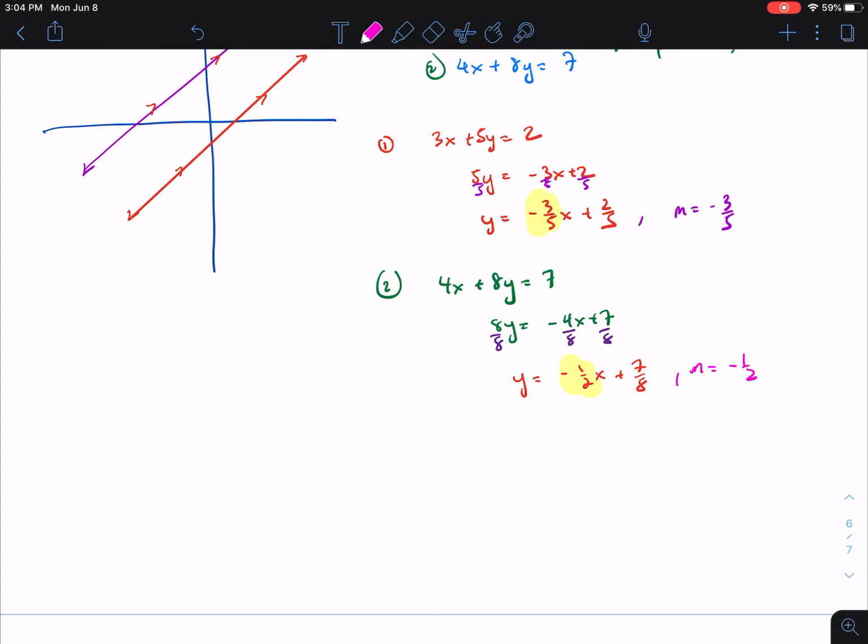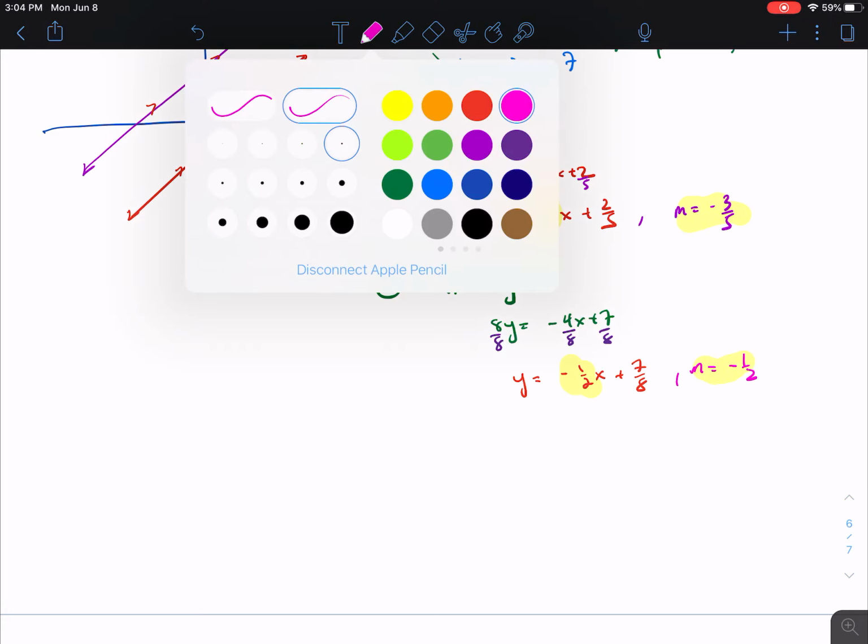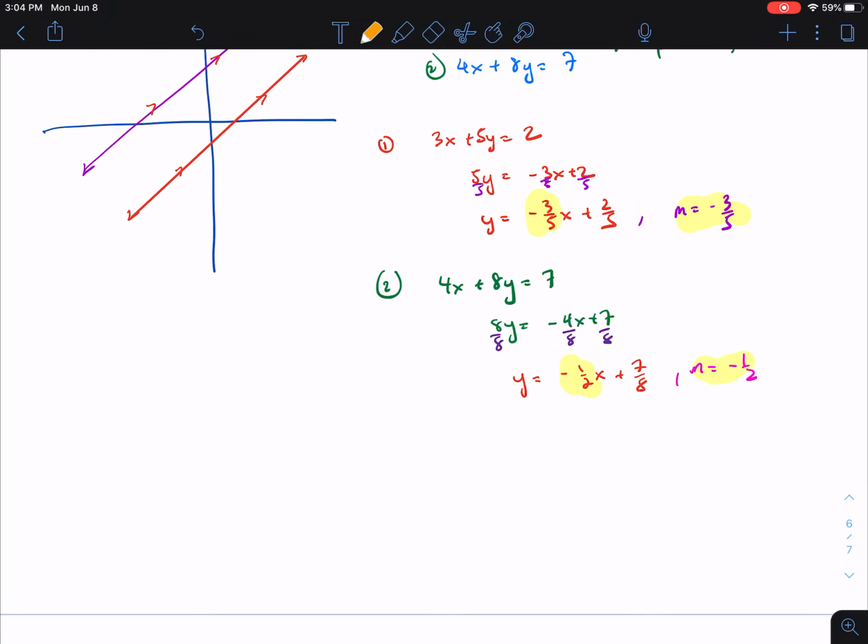So no, they're not parallel, because the slopes are not the same. We say that these lines are not parallel because they have different slopes.